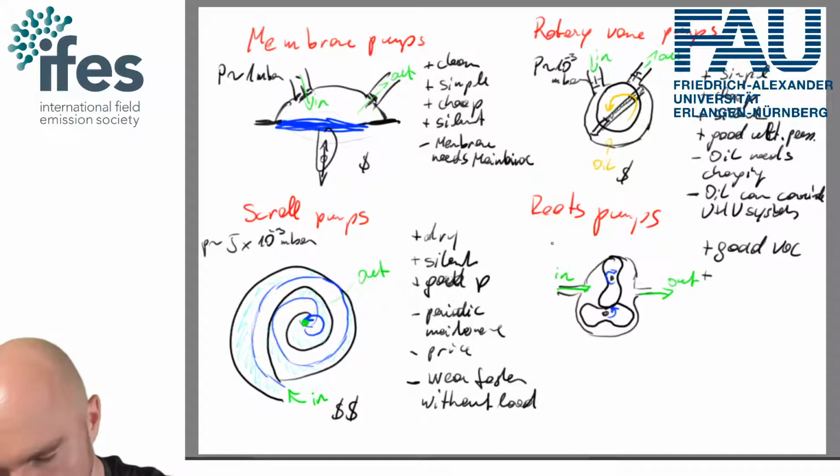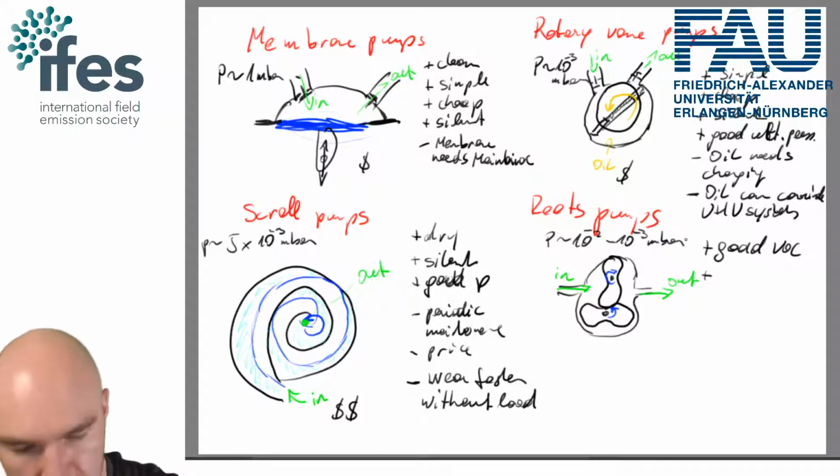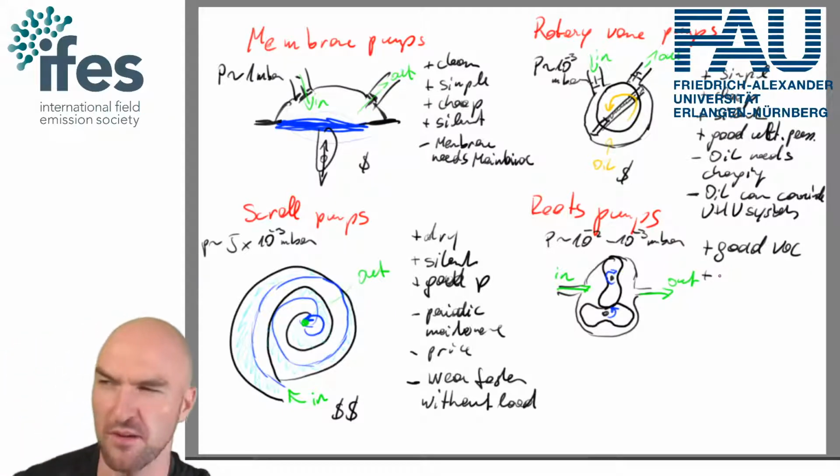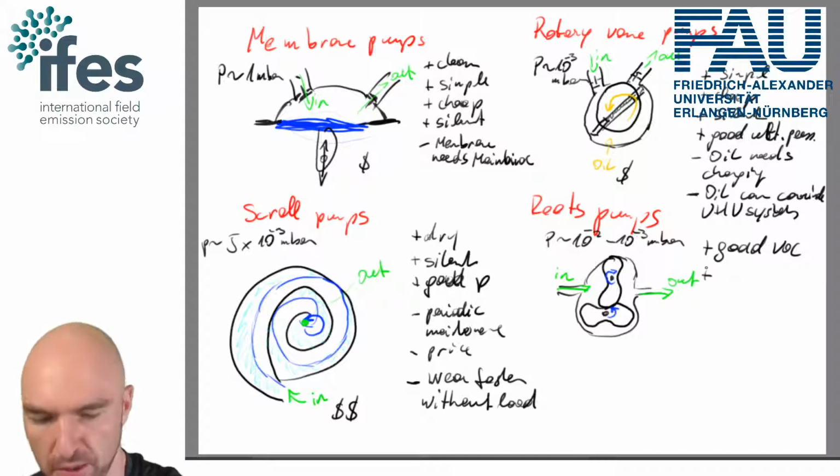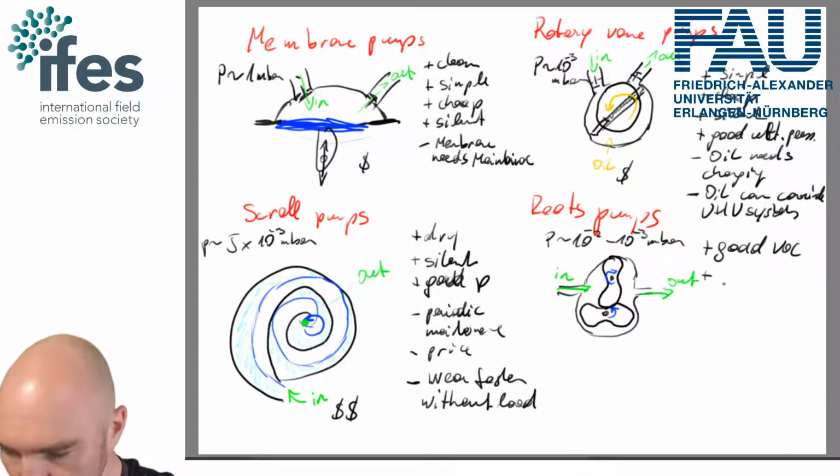The pressure that you get, depending on which ones you get, is around 10 to the minus 2 to 10 to the minus 3 millibar. We have some pretty high end ones that can get you down to 10 to the minus 3 pretty well. They are very clean.